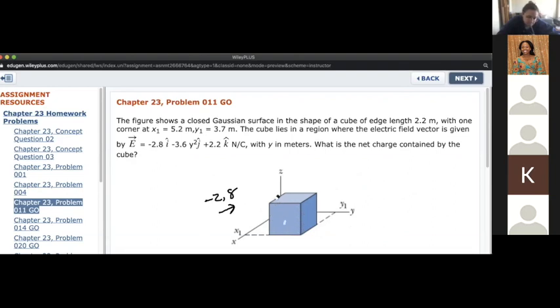Let's take a look at z. So the z term in our equation for the electric field is right here. It's k hat. K hat is in the z direction, and it doesn't depend on z anywhere. So if we're up here, it's pointing at 2.2. That's the magnitude and direction.